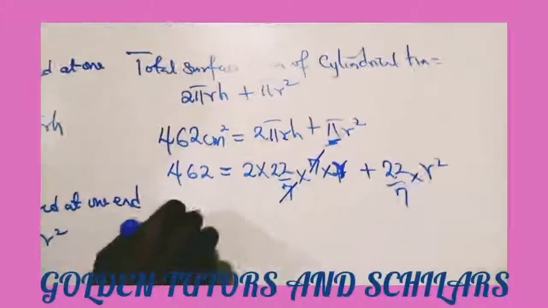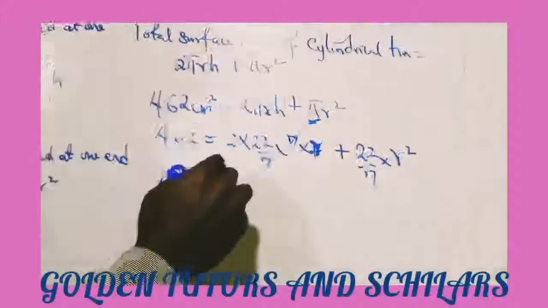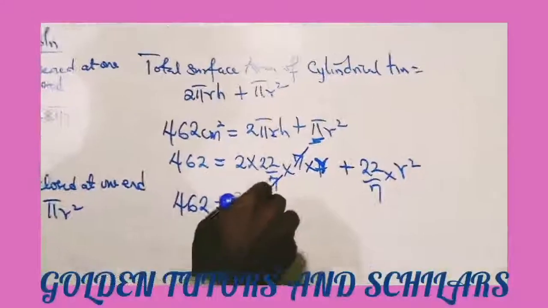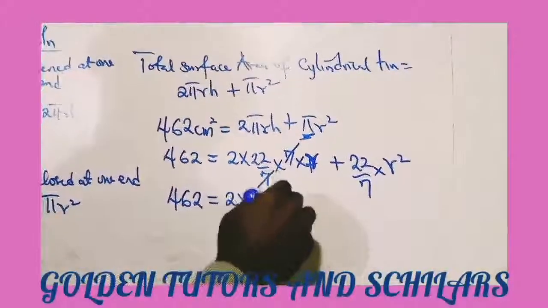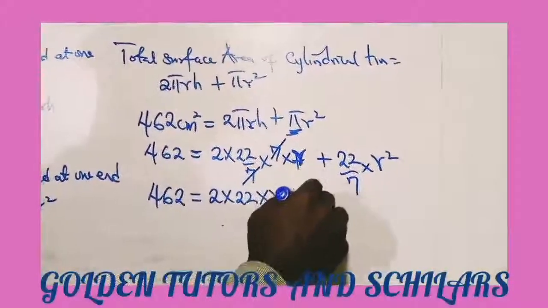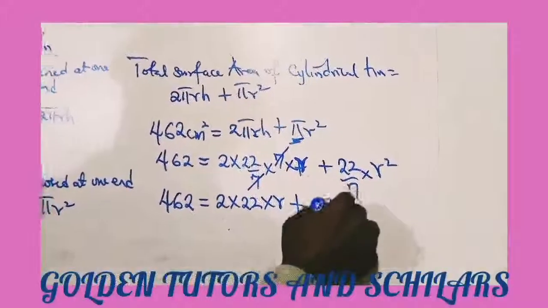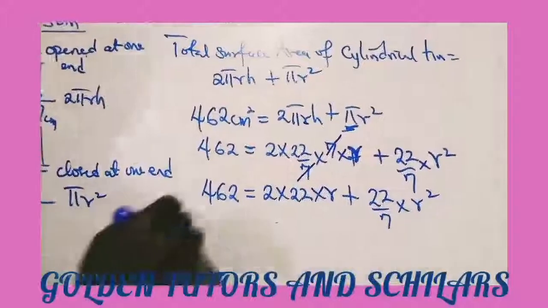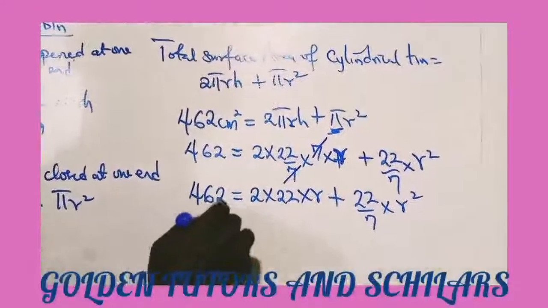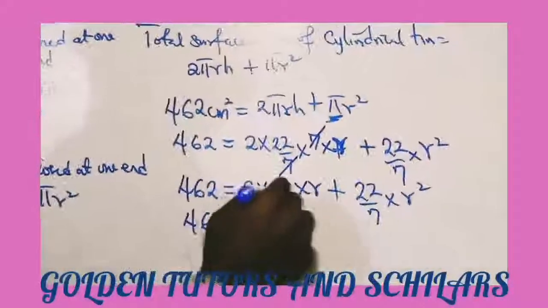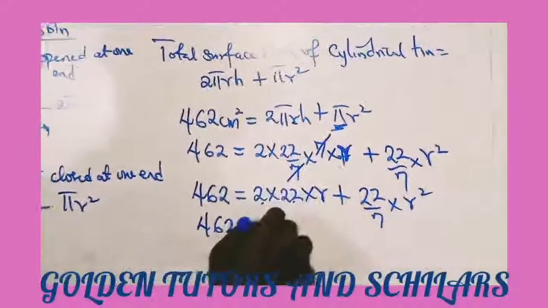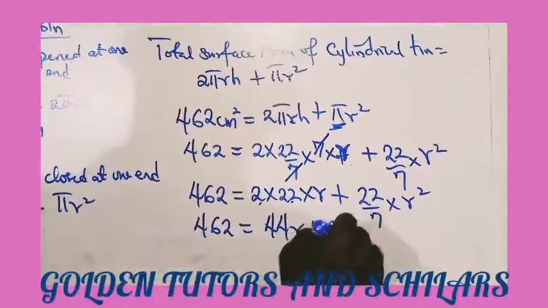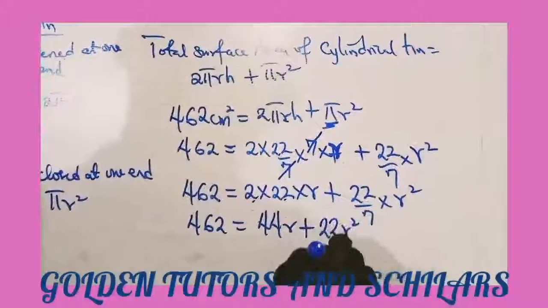So we have 462 equals 2 times 22 times r plus 22 over 7 times r squared. If we take it further, what we have here is 462 equals 44r plus 22r squared over 7.